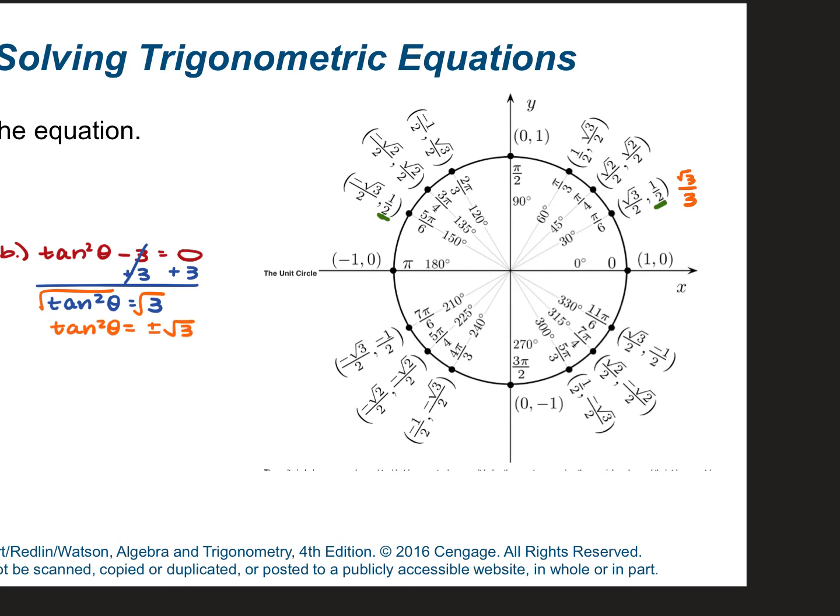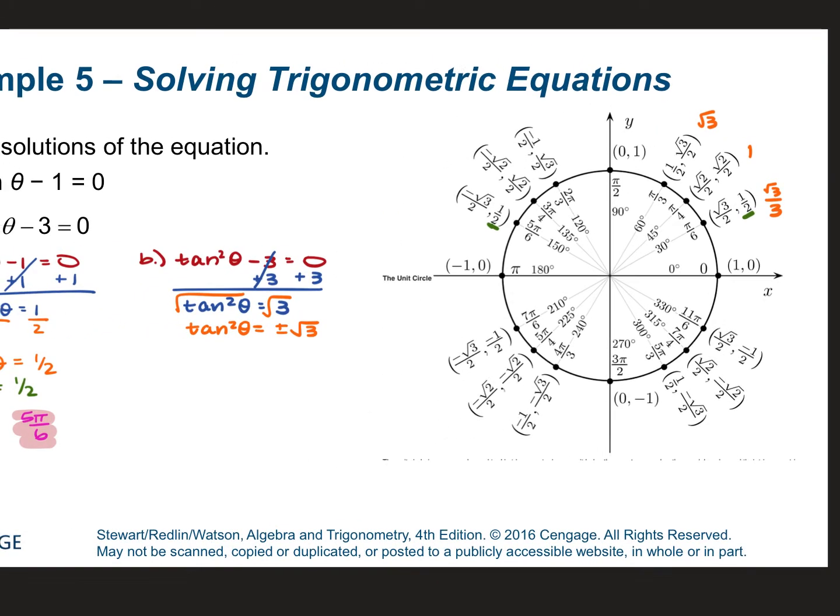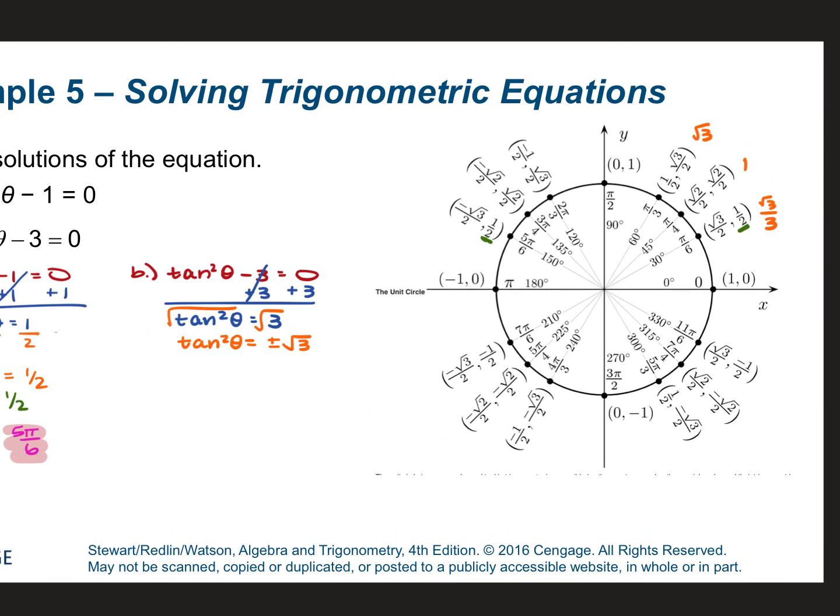The pi over 4 gave us a 1 when we divided, and then pi over 3 gave us the square root of 3 when we divided the y by the x. So if you look here, that 1/2 comma square root 3 over 2 is giving you that square root of 3. That's what we're looking for, so that one we're going to use.